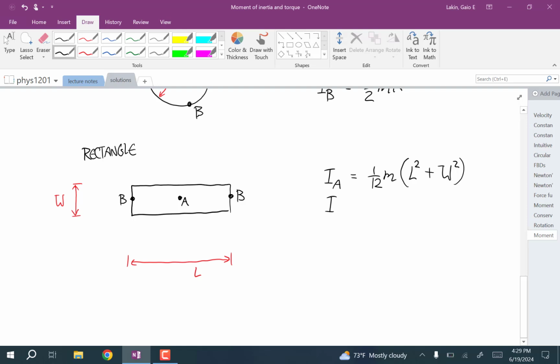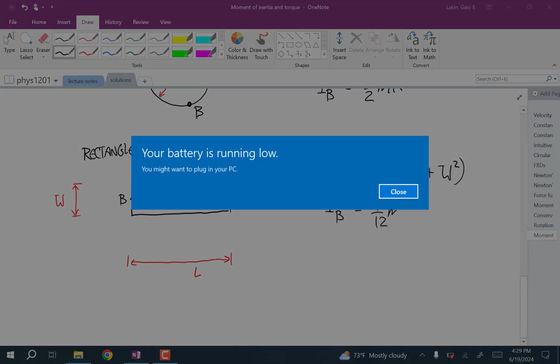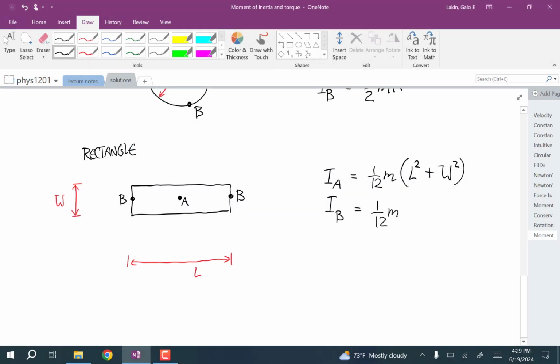And the calculation would be this moment of inertia is 1/12 times the mass times the length of the short side. So 1/12 times the mass times W squared plus 1/3 times the mass times the long side.